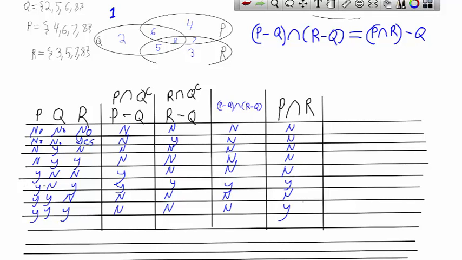No and yes. So now we're essentially going to take that column and remove any place where it is also in Q, which in this case is just that final row.